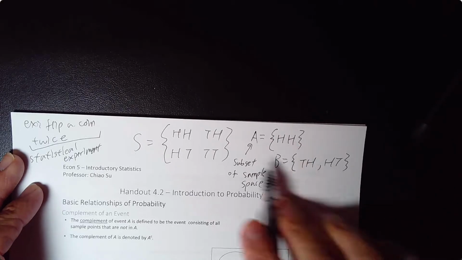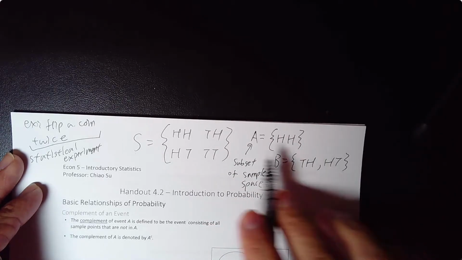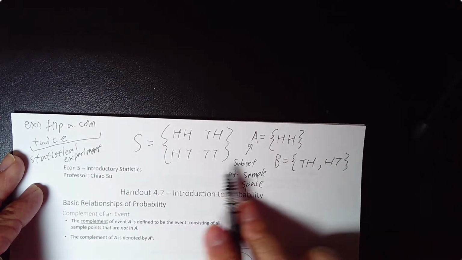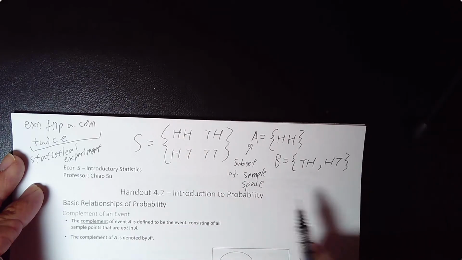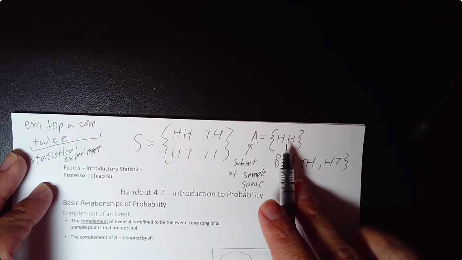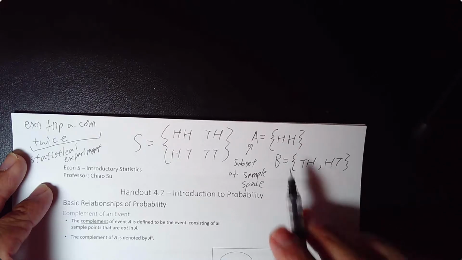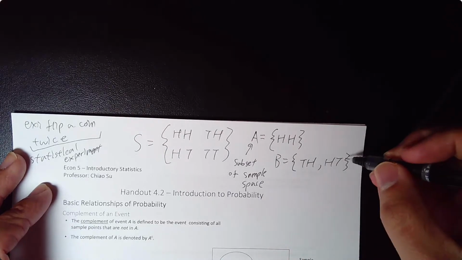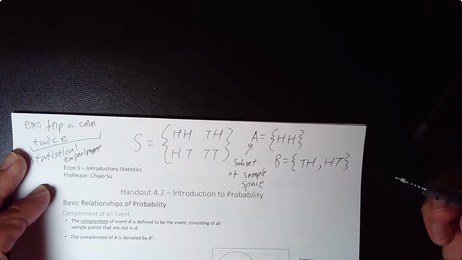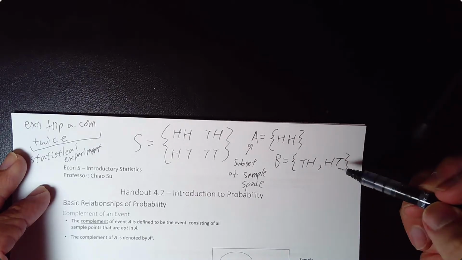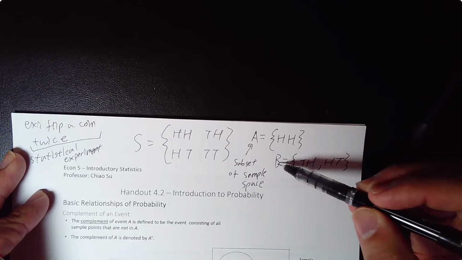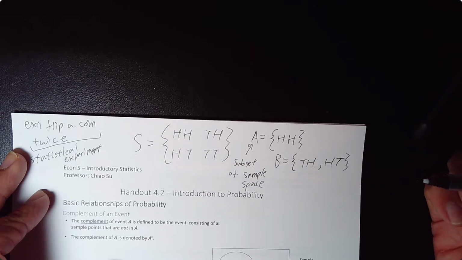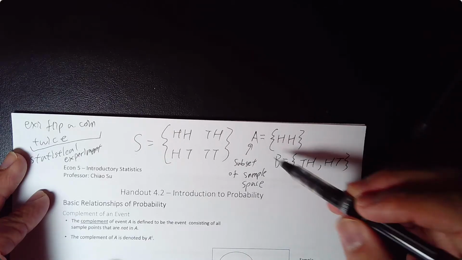So an event from an experiment is a subset of the sample space. And I still retain the probability on each of these sample points. The chance of each point happening does not change, but that does impact the chance of the event happening.